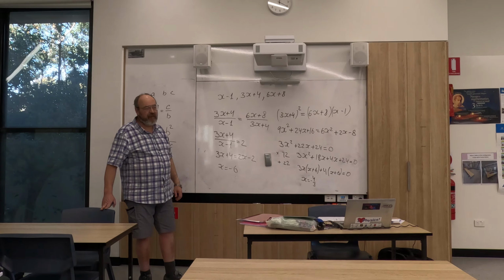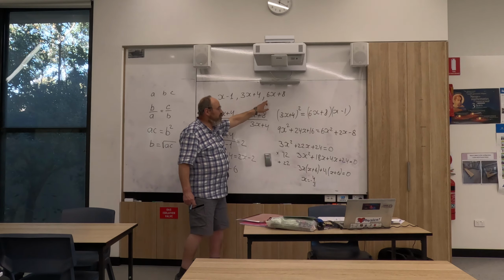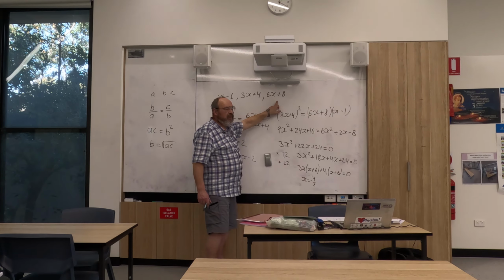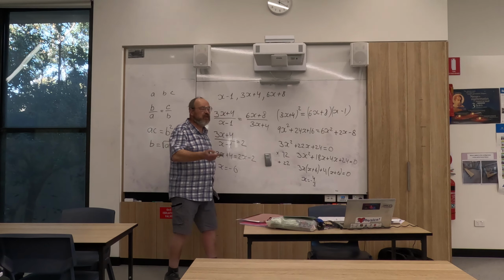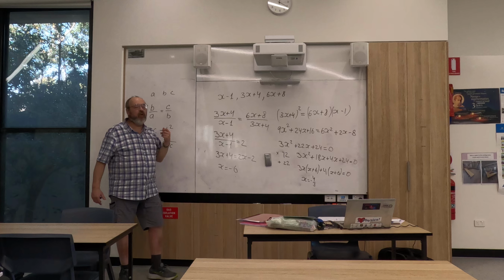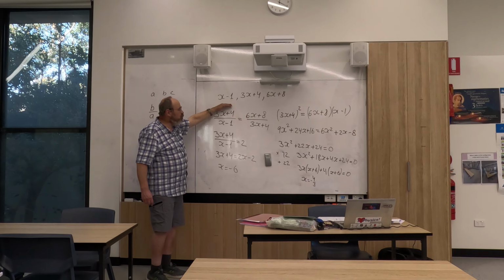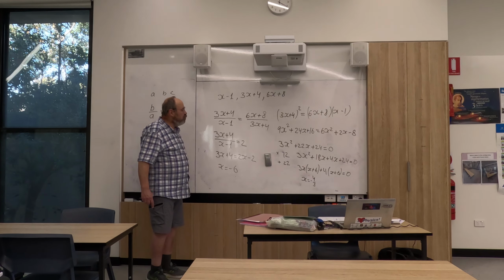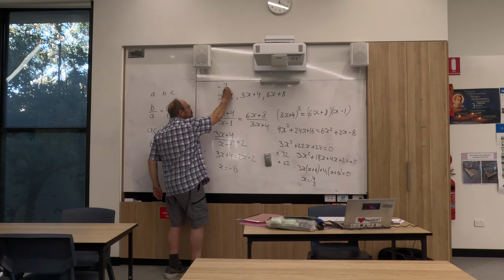So you need to check. If this will be 0, then the next will be 0 as well. The first term will not be 0: minus 4/3 minus 1 is negative 7/3.